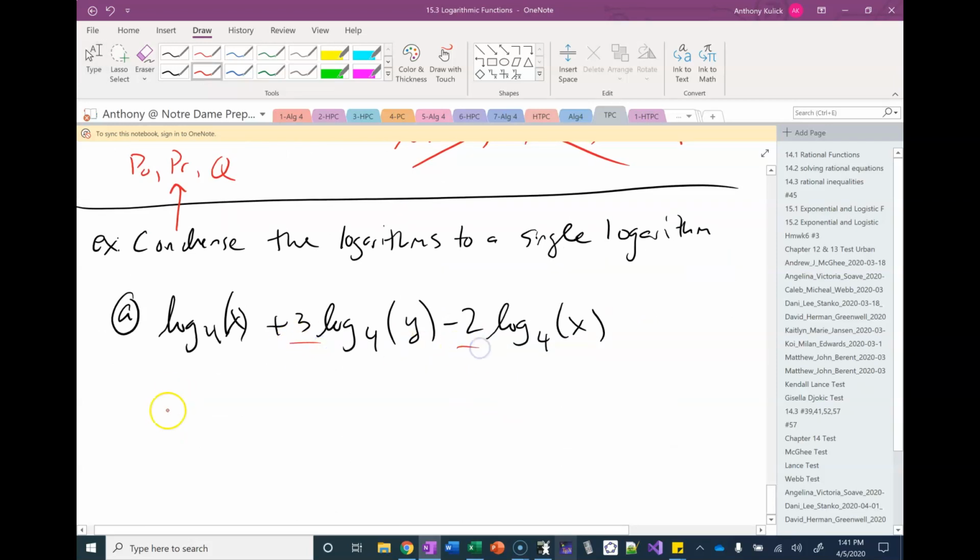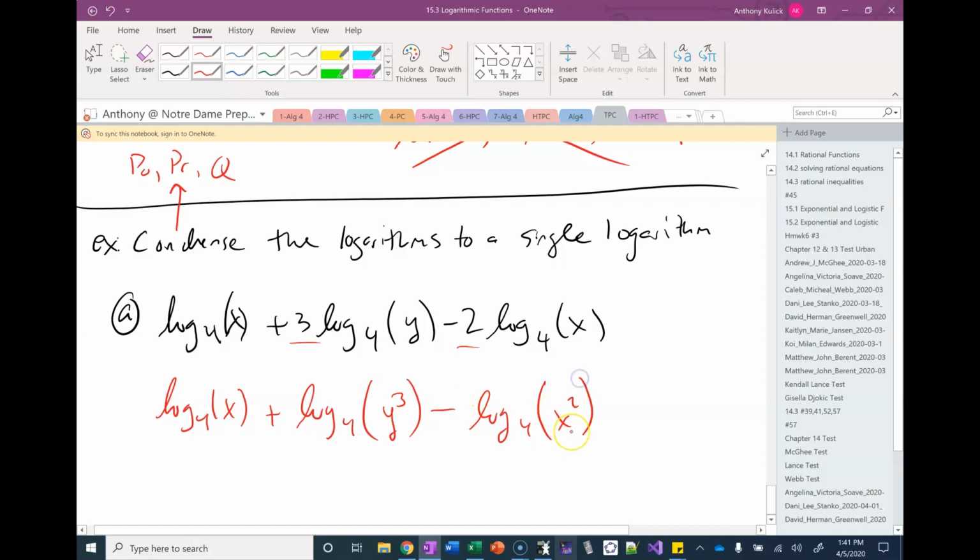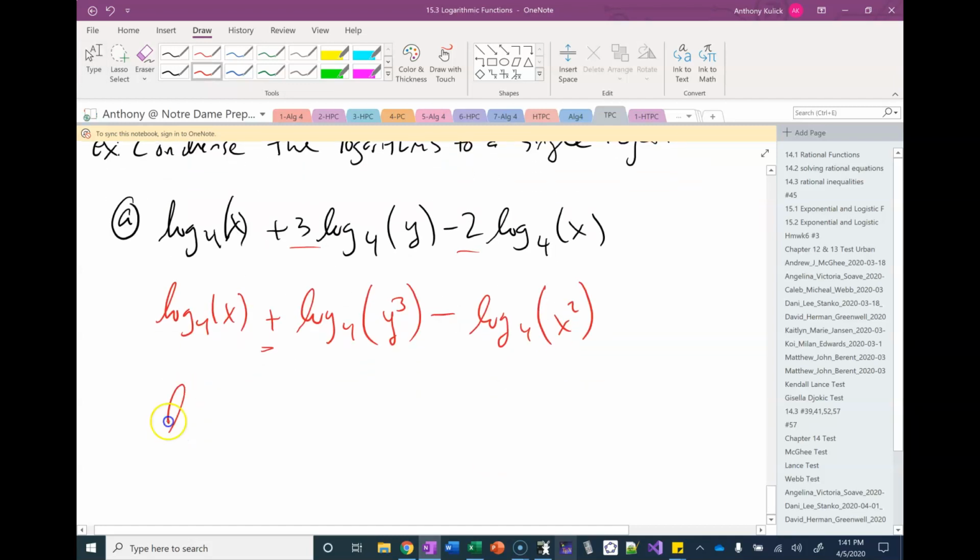So I see two power properties going on here. This first one, I'll just recopy. And the power property is saying that the coefficient is just going to turn into an exponent. The next thing we're going to do is look for product properties. So I see addition here. That's my indication for a product property.